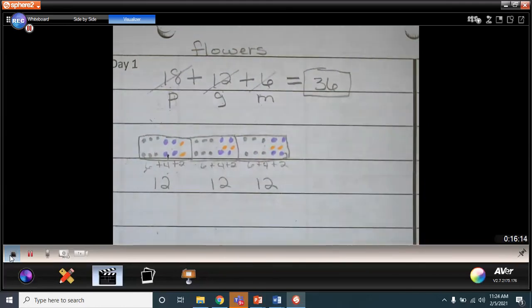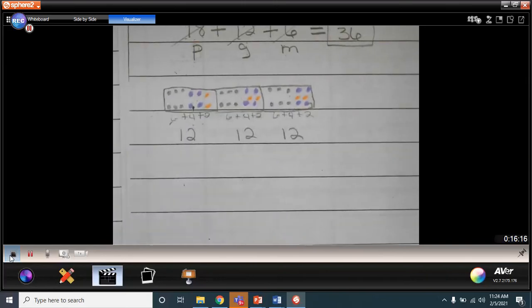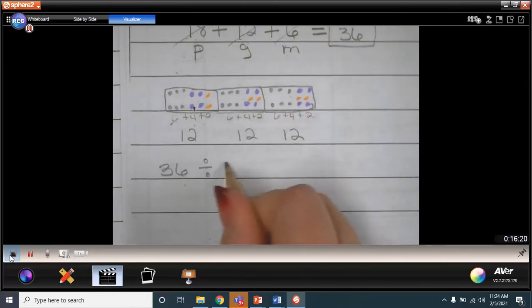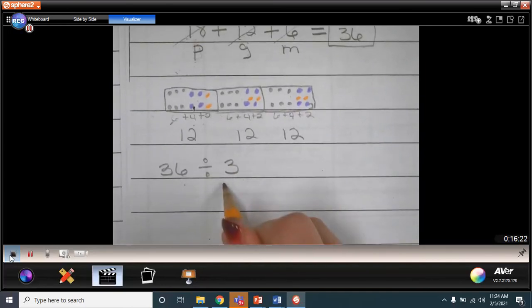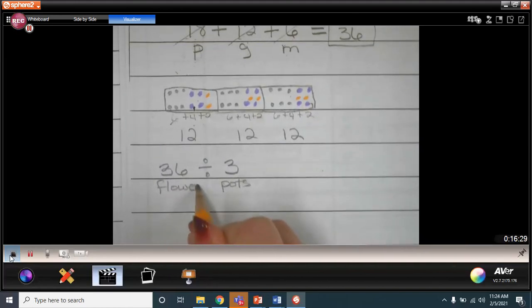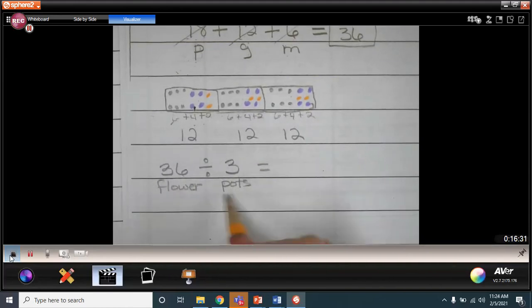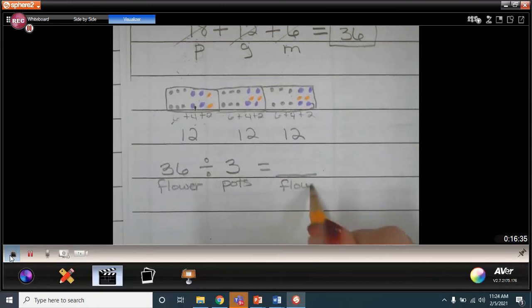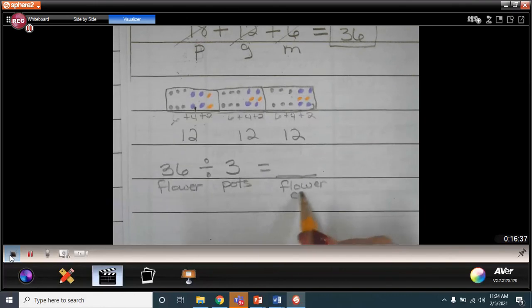So together I have 36 flowers, and I'm going to share them or divide them into the 3 flower pots. So I have 36 flowers, and I'm going to divide them equally into the 3 pots or my groups, and I want to know how many flowers in each group or each pot.